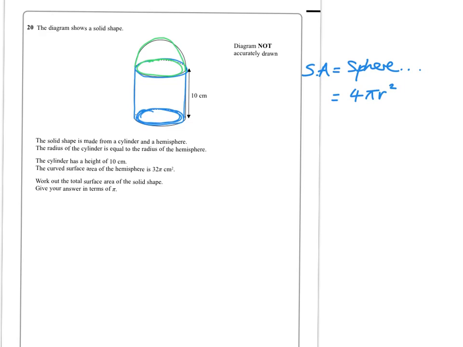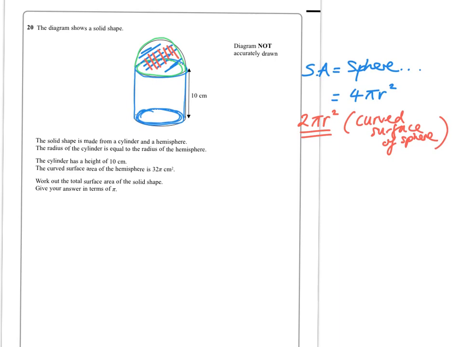So the curved surface of the very top is going to be half of that. So we've definitely got this curved surface part here, which I can do in 2 different colours. That curved surface part here is going to be 2 pi r squared for sure. So we can just write that down as curved surface of sphere. When I say sphere, we know that's a hemisphere.